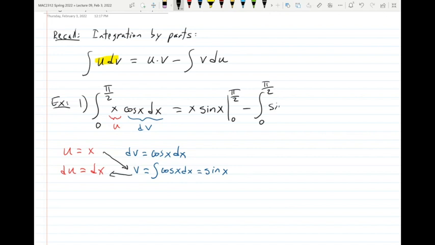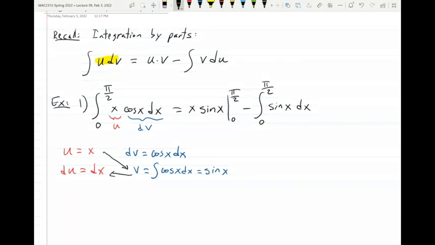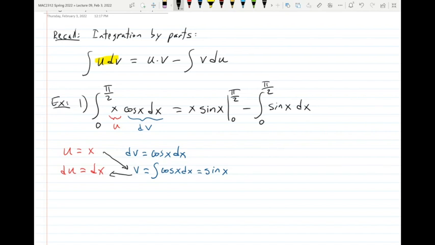So that would be sine of x dx. Questions on this first step? Okay, and now we proceed as usual.